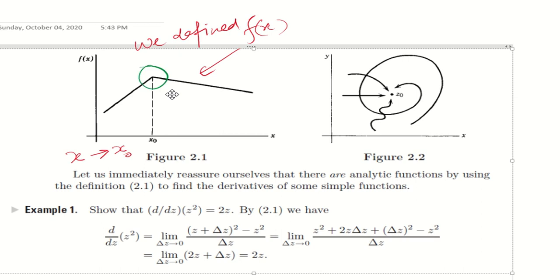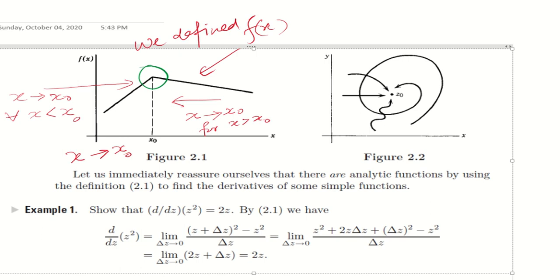Either we can approach it from higher values in this direction, where x approaches x naught for x greater than x naught, or we can approach from this direction, where x approaches x naught for all x which are smaller than x naught.